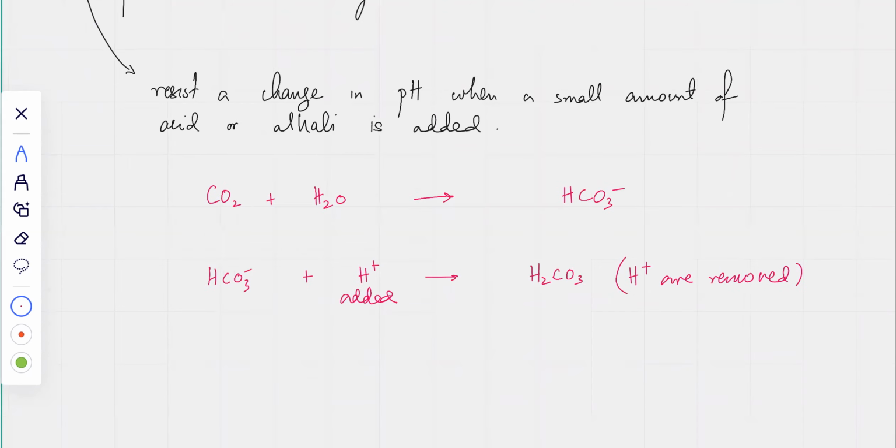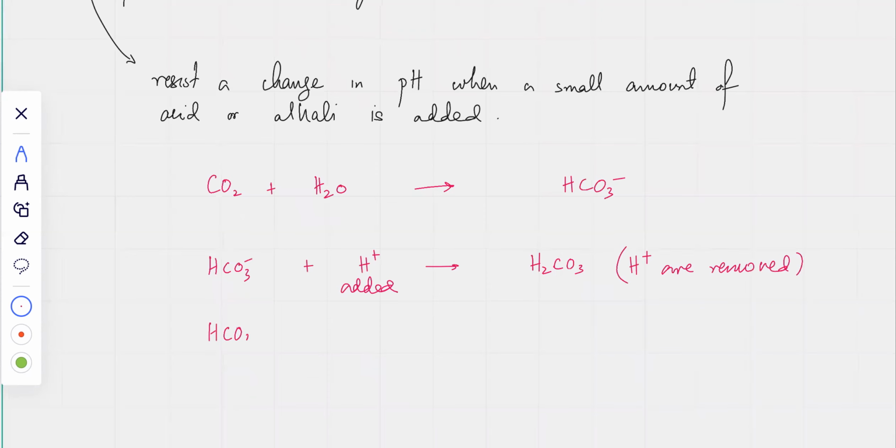Now, similarly, if you add an alkali to blood, which has HCO3 minus 1, you add OH ions, right? Then the HCO3 minus 1 ions are going to ionize. They're going to release an H plus 1. The H plus 1 is going to neutralize the OH ion.